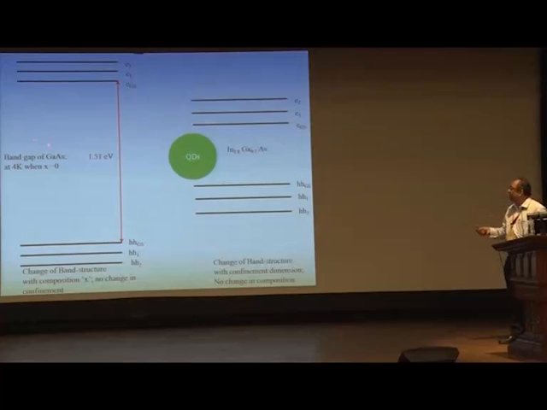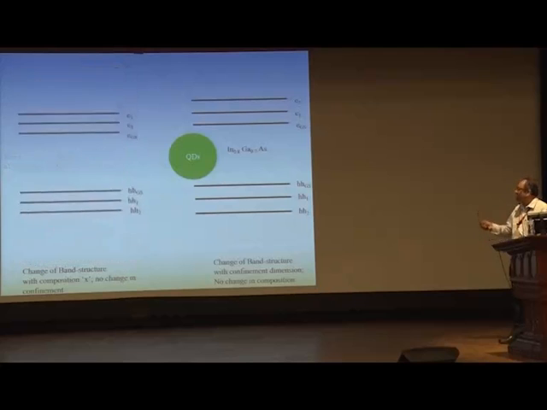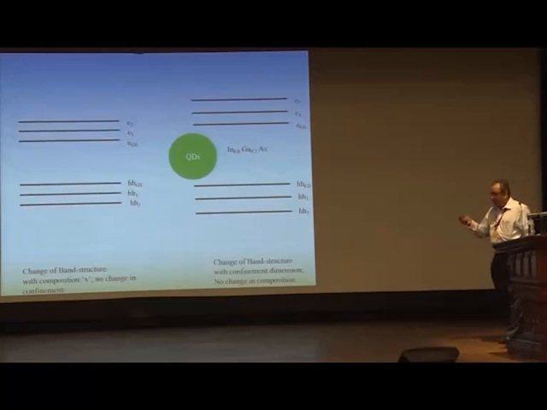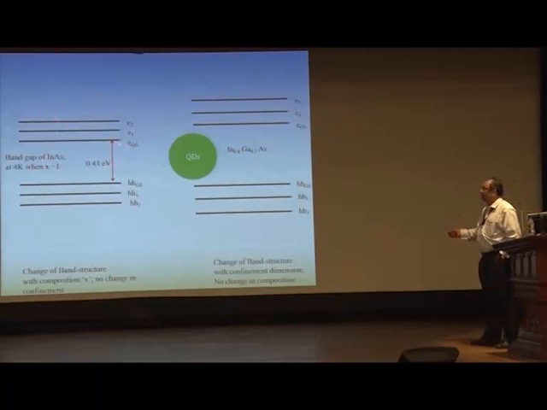One is gallium arsenide, another is indium arsenide, and if you assume that there is a spherical quantum dot, then immediately you will see that this gap depends on x, and if you change this composition, you can tune the gap, and you can reach ultimately indium arsenide, which is 0.43 eV. So you have this play.